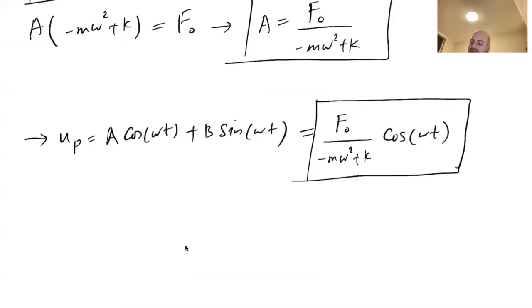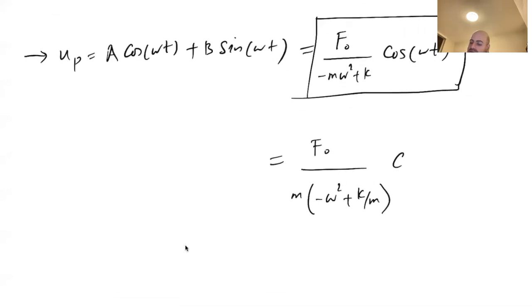We can also write it this way: f0 divided by, if I factor m out, m times minus omega squared plus k over m, and k over m is omega naught squared. So we can also write it as f0 divided by m times minus omega squared plus omega naught squared, times cos omega t.